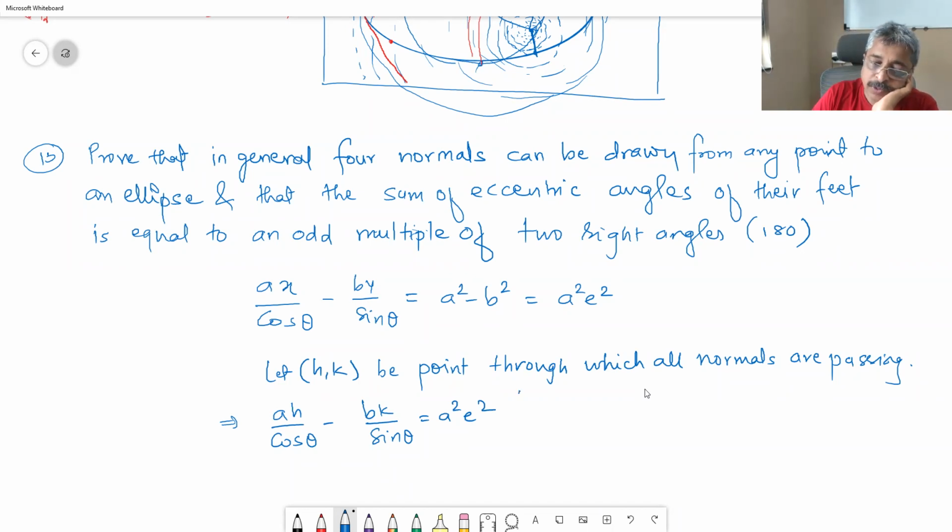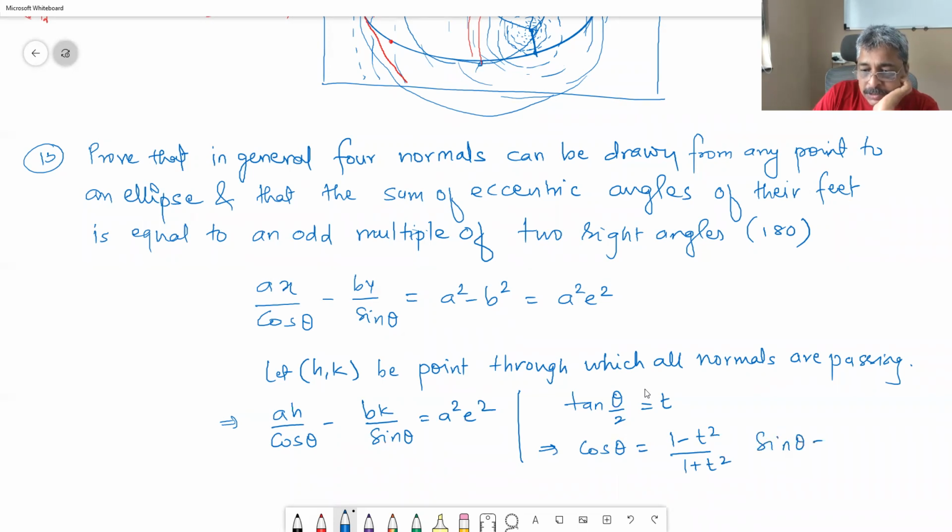Now we have to exploit trigonometry. Tan theta by 2 is equal to t. Therefore cos theta is equal to 1 minus t square upon 1 plus t square. Sin theta is equal to 2t upon 1 plus t square. Okay, this is our trigonometry.